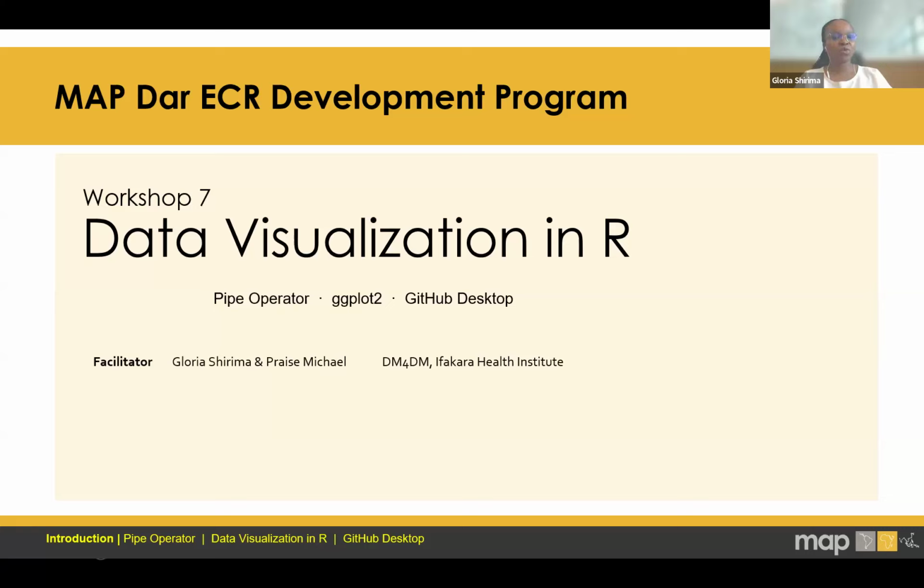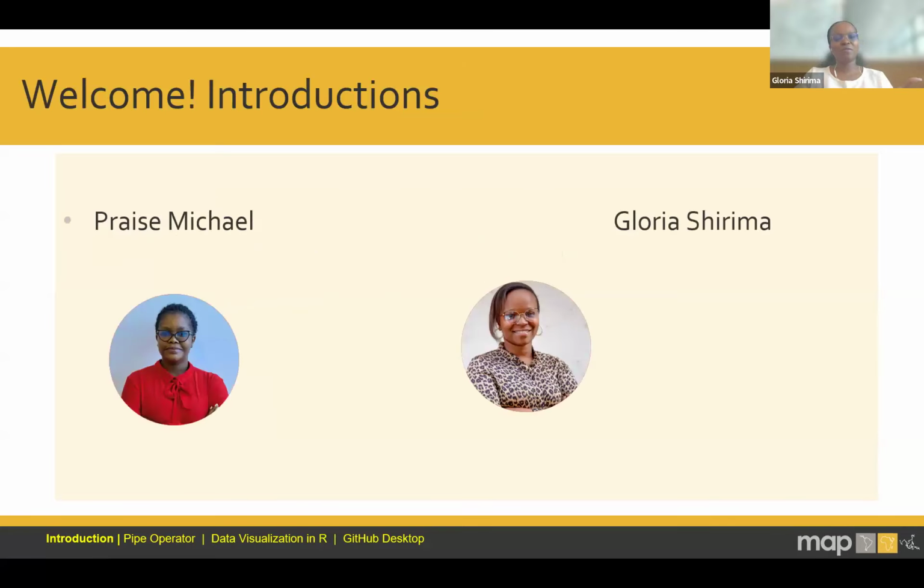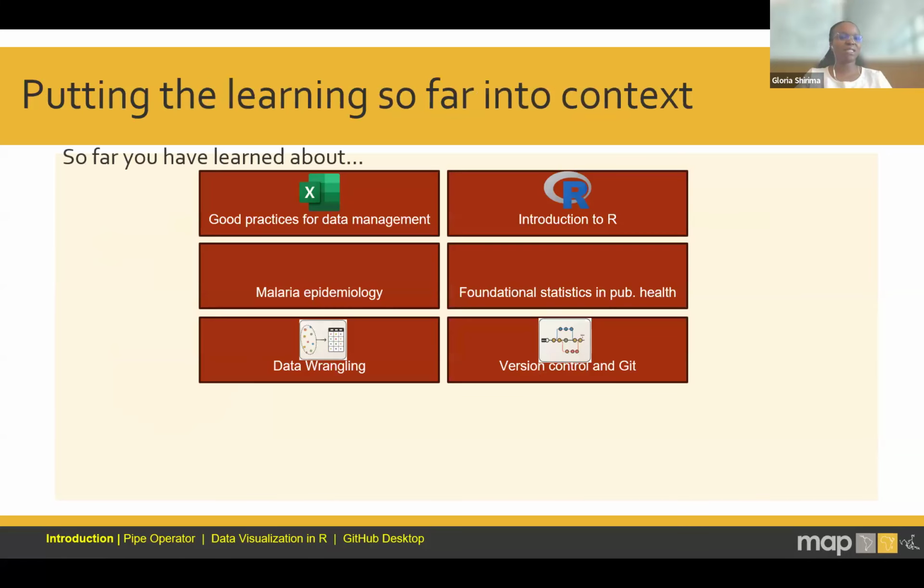Then we're going to jump into data visualization itself, but also touch on an extension of what Kokoda did last week about version control. We will see how to do that with the GitHub Desktop application. Praise and I will facilitate this.